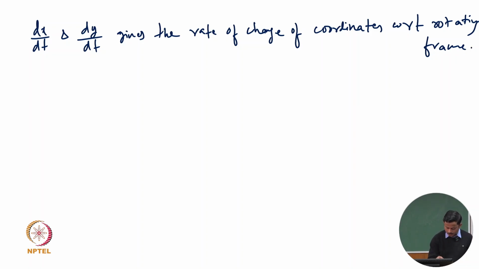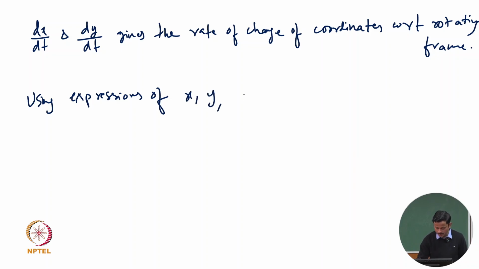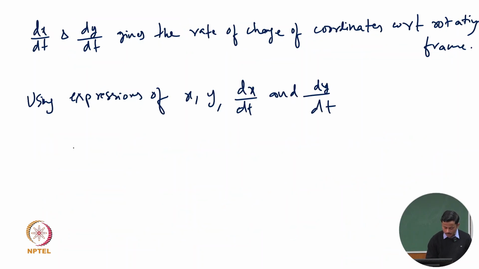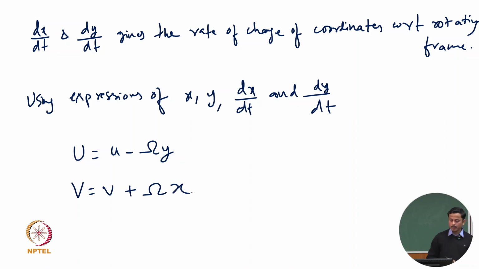So using expressions of small x, small y, dx by dt and dy by dt, in this equation we get capital U equal to u minus omega y, capital V equal to v plus omega x.